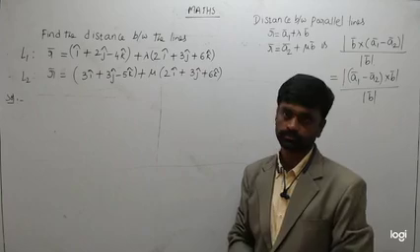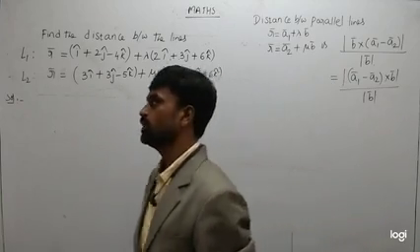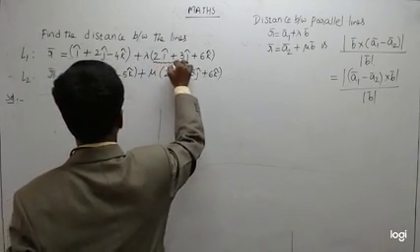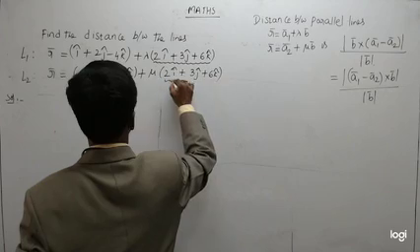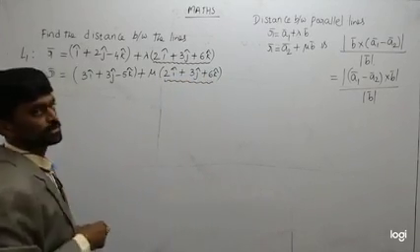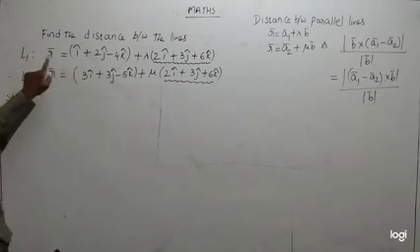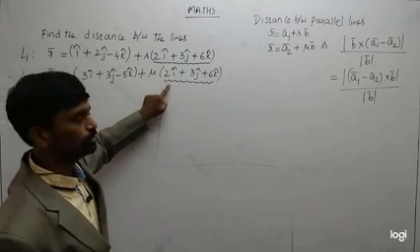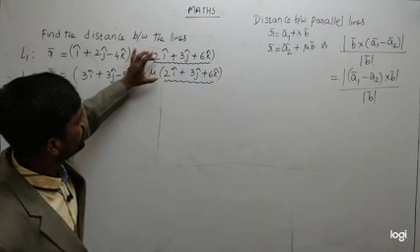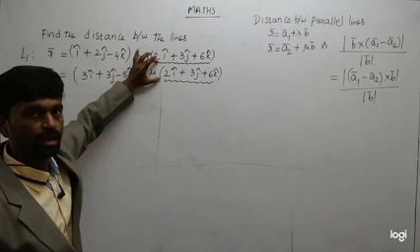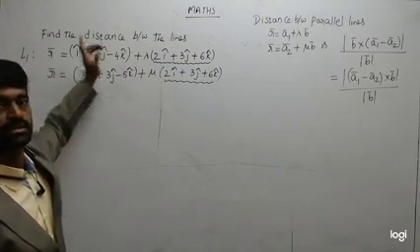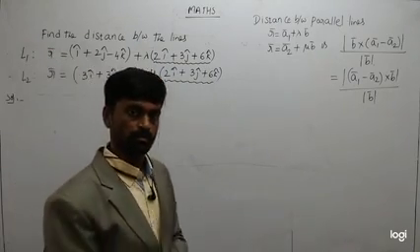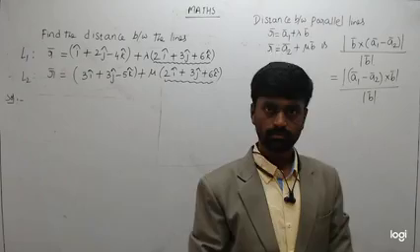Just observe this part only. The line 1 is parallel to this vector, the line 2 is parallel to this vector. If these two vectors are the same or parallel, obviously the lines L1 and L2 are parallel lines.